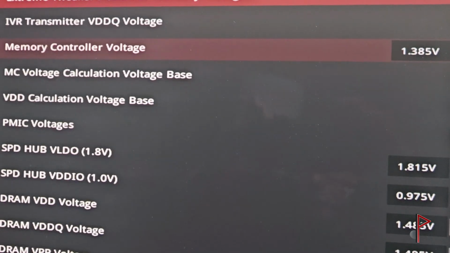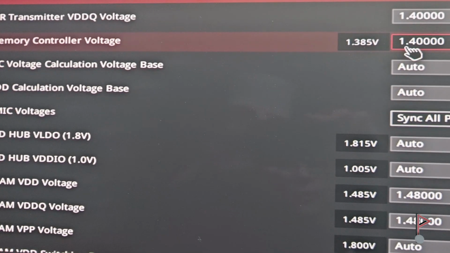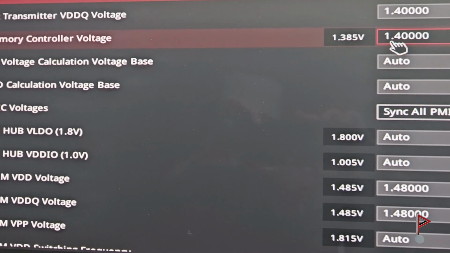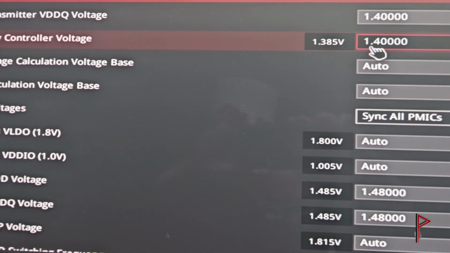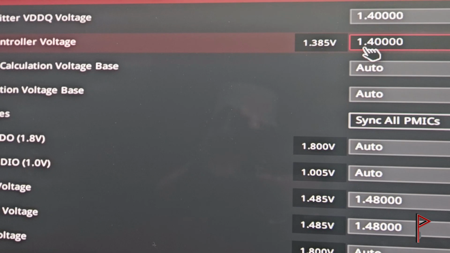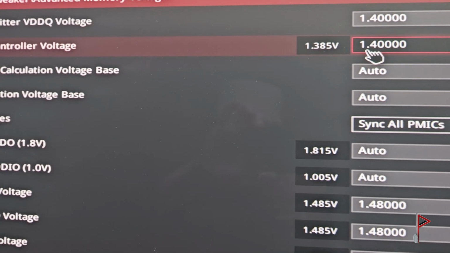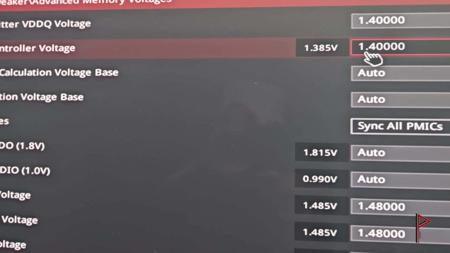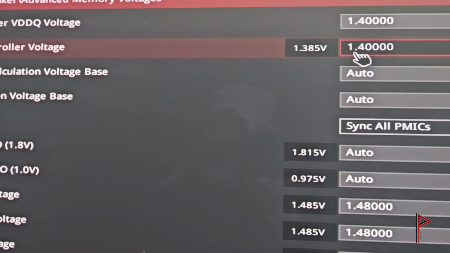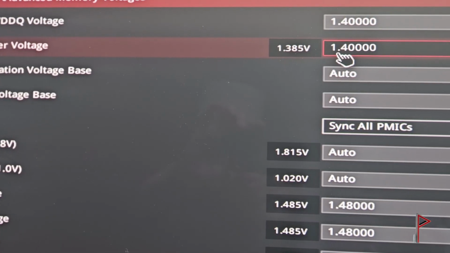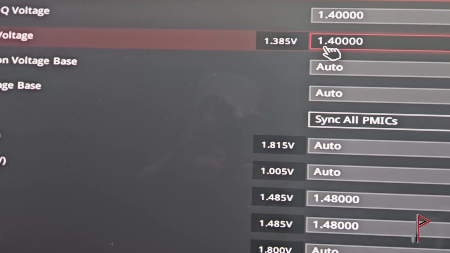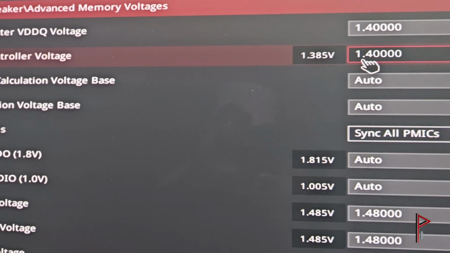And then memory controller voltage, which is often called VDD2 in some motherboard manufacturers. This is the memory controller voltage, which is isolated to only the memory controller's operations as opposed to VDDQ. It supplies the precise voltage that the memory controller needs, and the memory controller then issues commands to the DRAM, such as reads and writes, and it processes responses from the DRAM, and it's VDD2 that ensures that the memory controller can perform these functions.